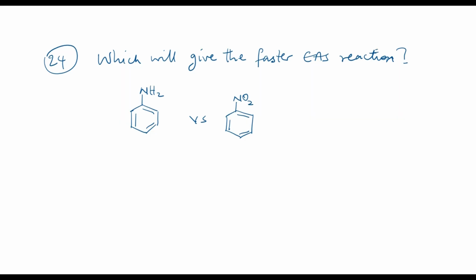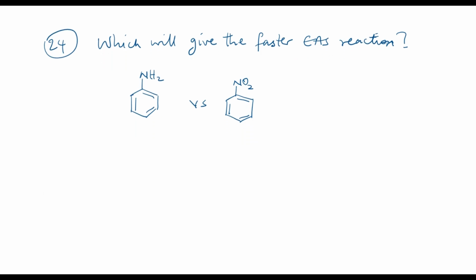Which of these will give the faster EAS reaction? In an EAS reaction, where S is the substituent, which could be an electron donating group or electron withdrawing group.